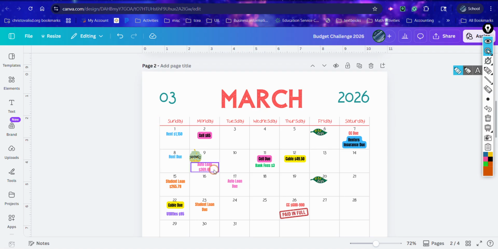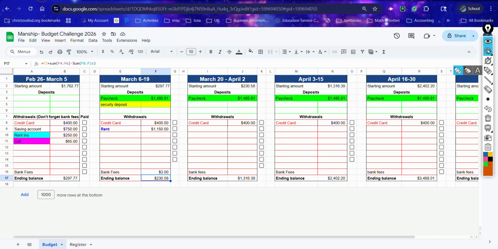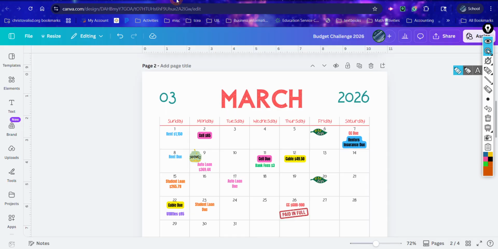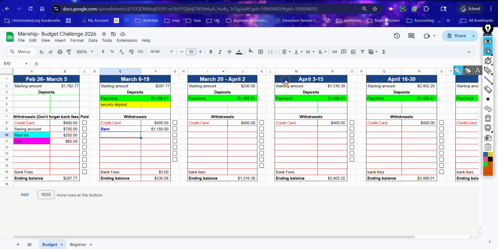Other things that come out is I have my auto loan at $369.44 and it's due by the 17th. And so I need to cover that. So $369.44. I go over to my chart and for my auto loan I chose pink as my color.